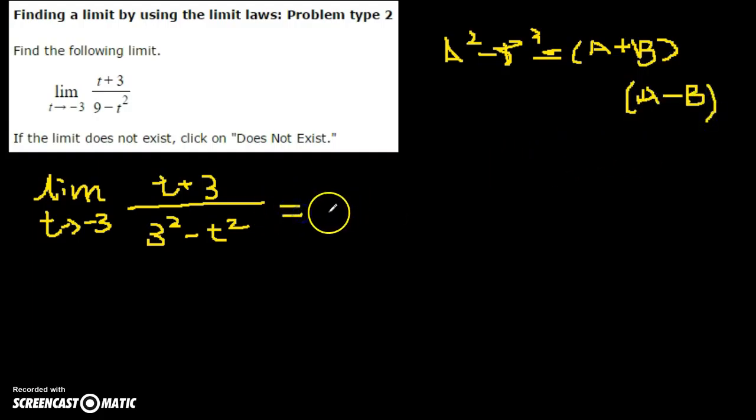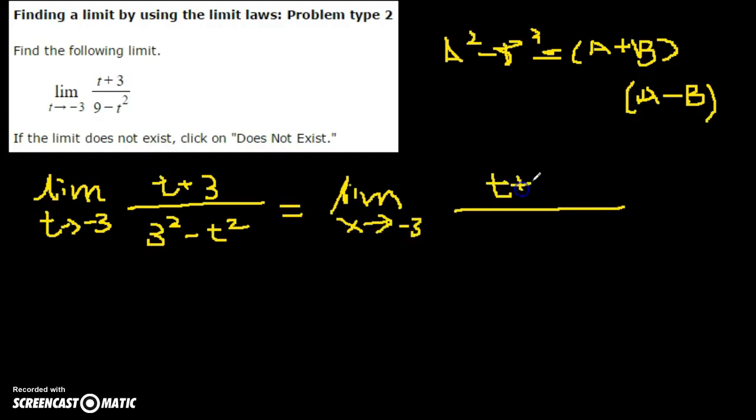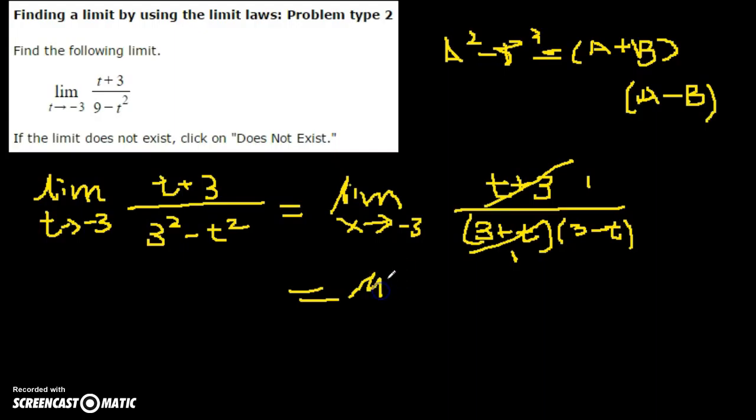So this now becomes the limit as t approaches -3 of t plus 3 on the top, which stays the same, over 3 plus t and 3 minus t. Now t plus 3 and 3 plus t, I can cut them out, so I get the limit as t approaches -3 of 1 over 3 minus t.